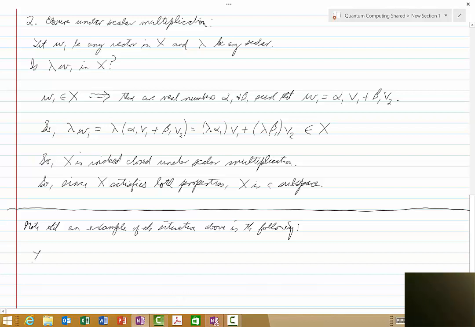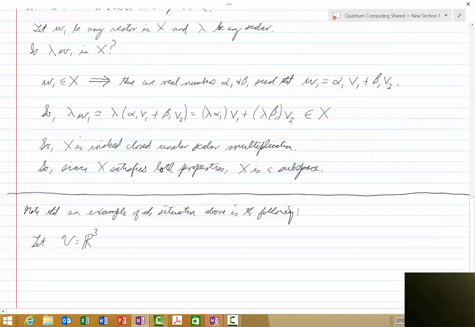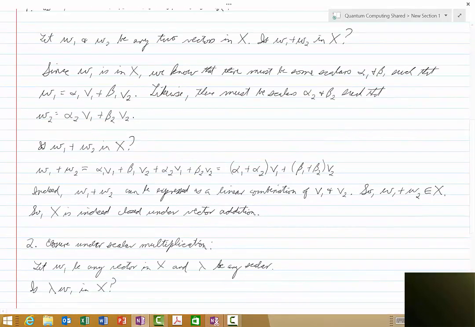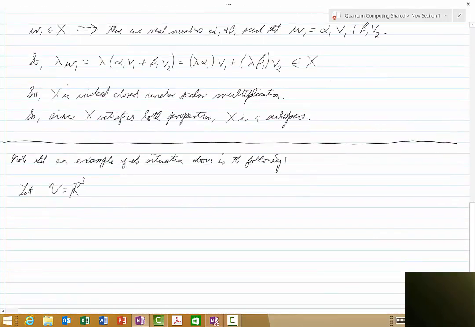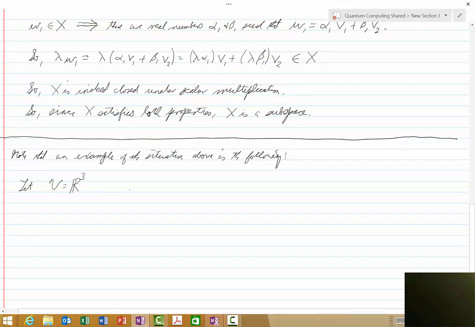We could, for instance, let V be R3, and as we said, we've already said the scalars are all real numbers. And let's pick for our vectors V1 and V2 two particular vectors. We're going to let V1 be the vector (1, 0, 0), and V2 be the vector (0, 1, 0).